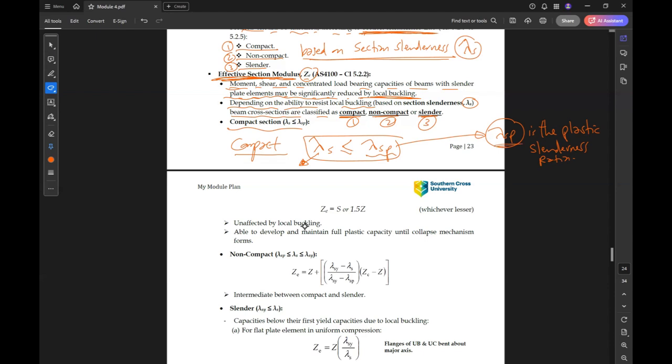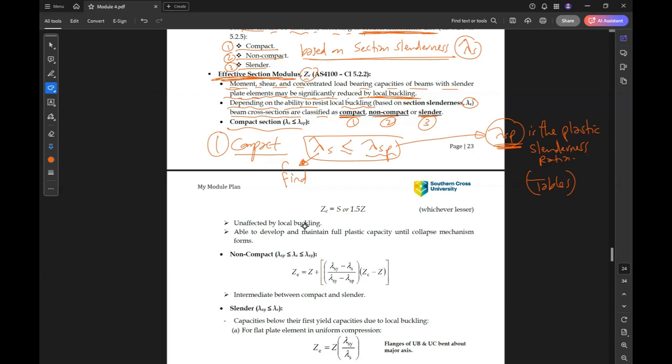So we will get lambda sp from tables, and we will find lambda s and compare lambda s to lambda sp. So we have three cases. The first case, when lambda s is less than lambda sp, the section is compact.